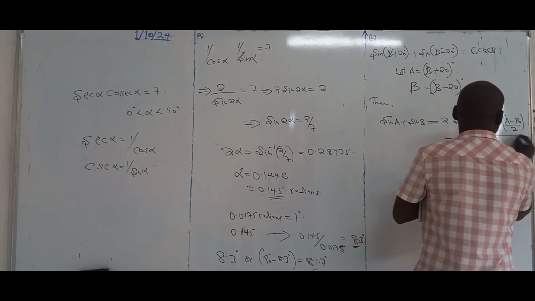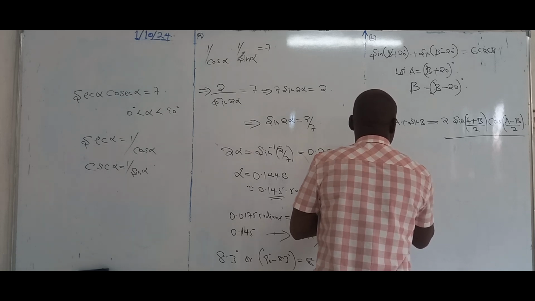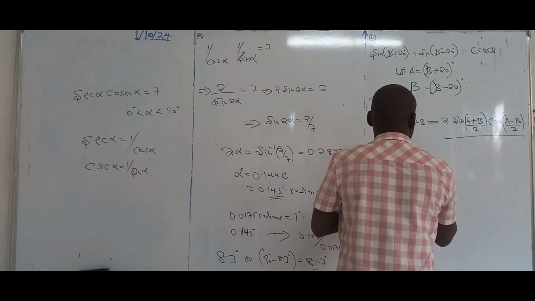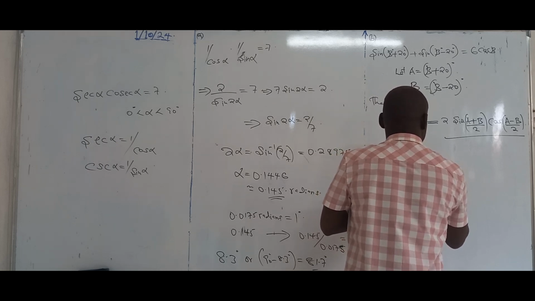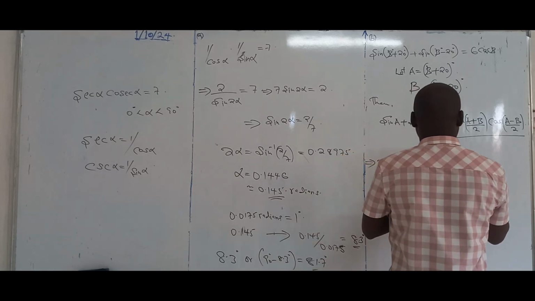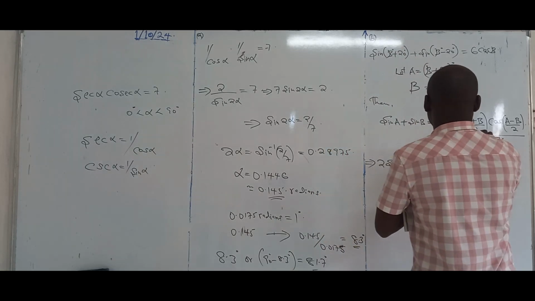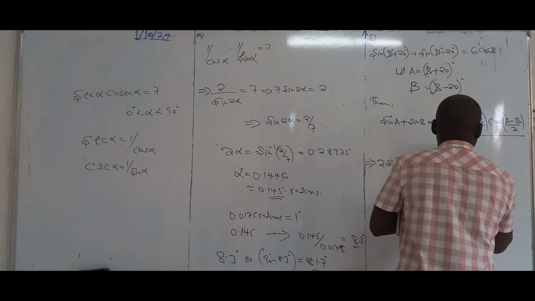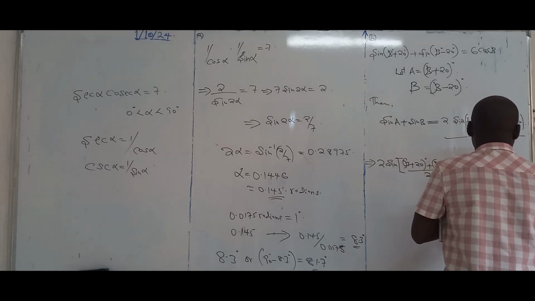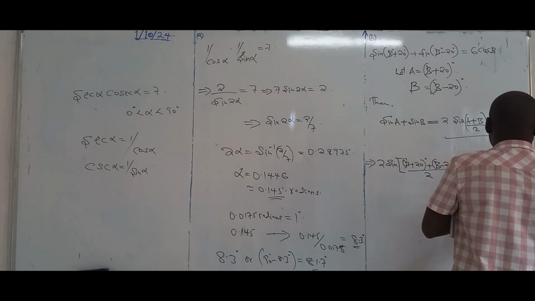I just want to take this part, which should imply that 2 sin of (A, which is beta plus 20 degrees, plus B, which is beta minus 20 degrees) over 2, cos of (A, which is beta plus 20 degrees, minus beta minus 20 degrees) over 2.